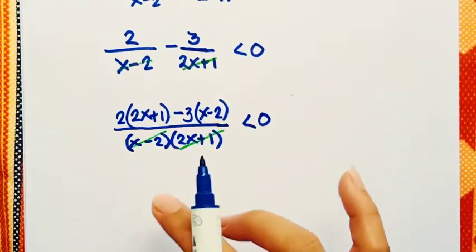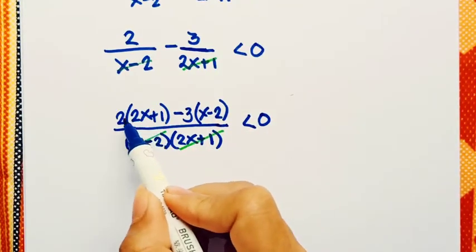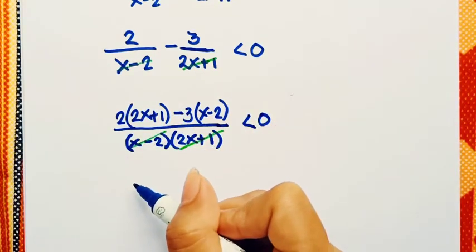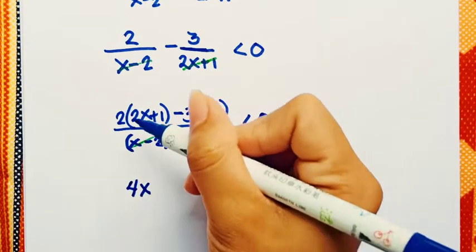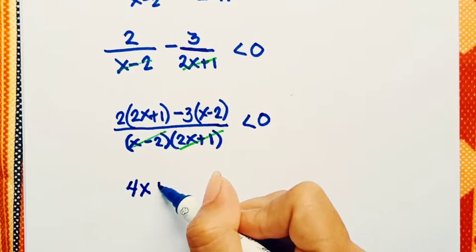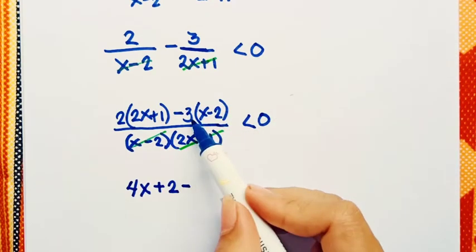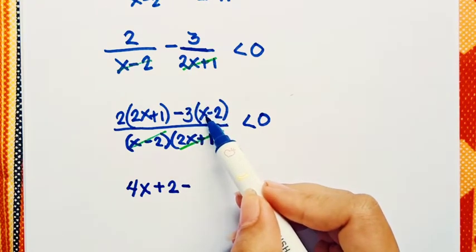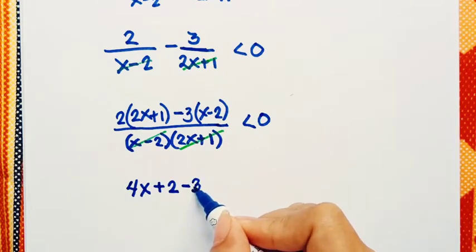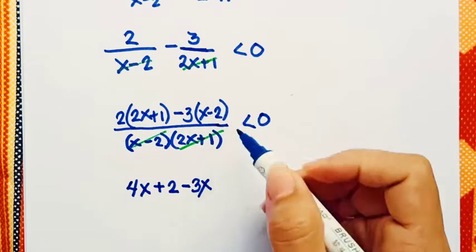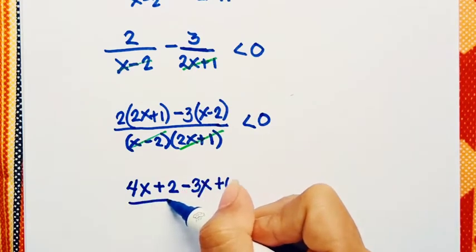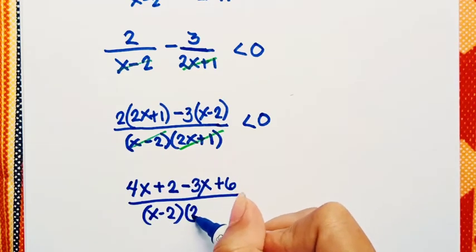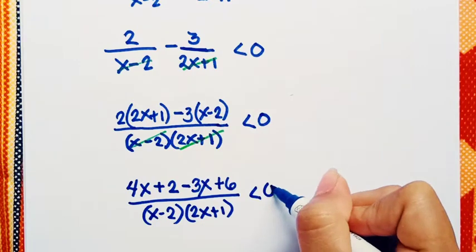So, i-simplify nato siya, guys. I-distribute nato ang mga kailangan i-distribute. So, 2 times 2x, we will have 4x. 2 times 1 is positive 2. Minus sa pikas, negative 3 times x is negative 3x. Negative 3 times negative 2 is positive 6, all over x minus 2 times 2x plus 1 is less than 0.